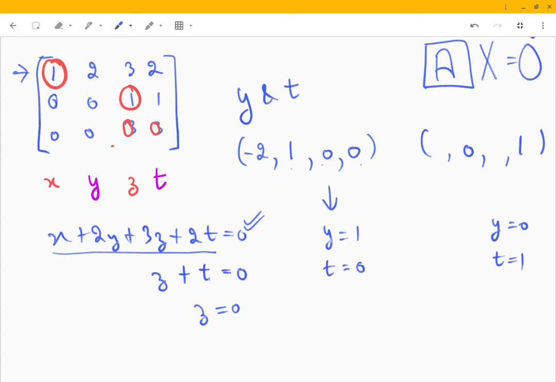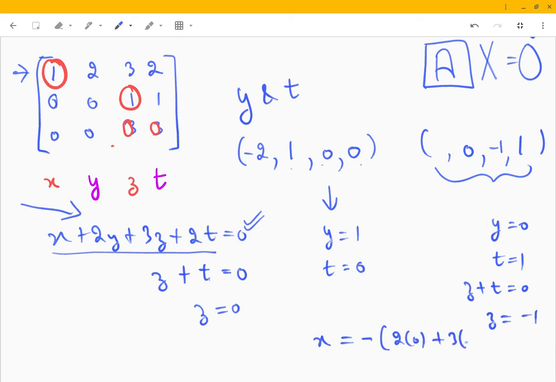Putting this in z plus t equal to 0, I get z equals -1. Then I put these three values in the first equation. x is -2 times y, which is 0, minus 3 plus 2, which is -1.